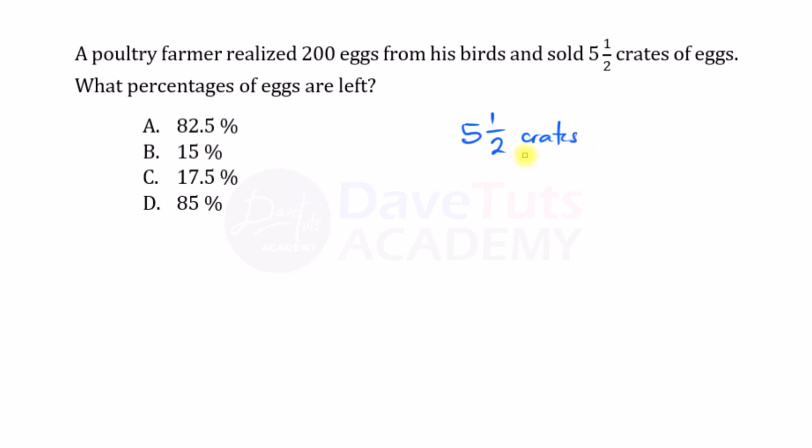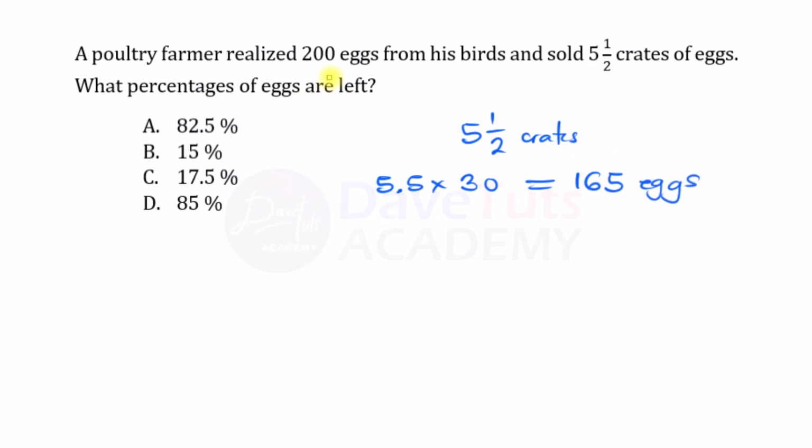A crate of eggs consists ideally of 30 eggs, so this is 5.5 multiplied by 30. 3 times 5 is 15, remaining 1. 3 times 5 again, 15 plus 1, this will be 165. And the decimal place is taken care of by 0. So this is 165 eggs.